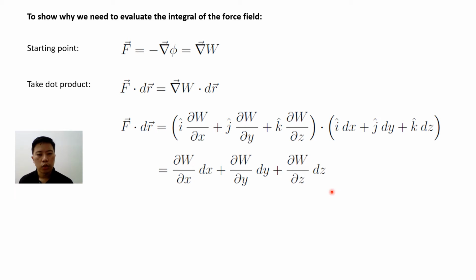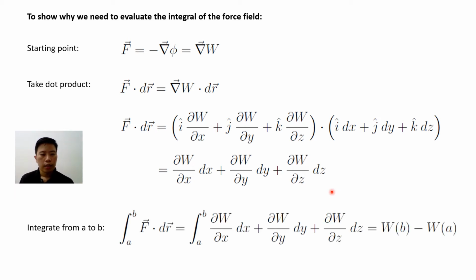So what you do next is simply to take the dot product between the two, and you will easily get this equation. And the next part is that you will take the integration in both sides, and then you will see that this is the exact differential as we have seen in the previous class.